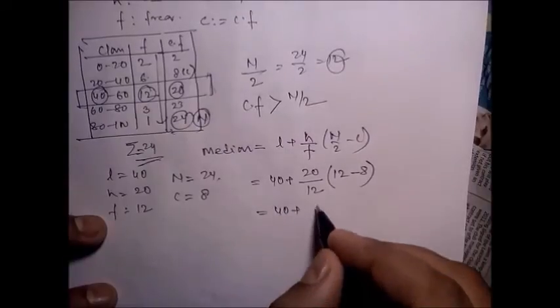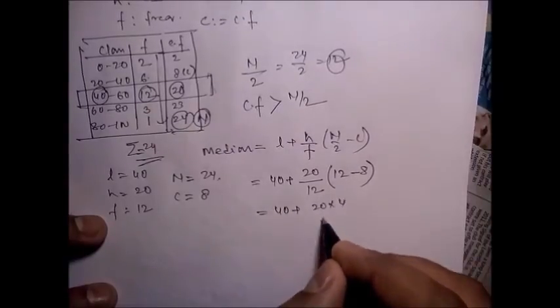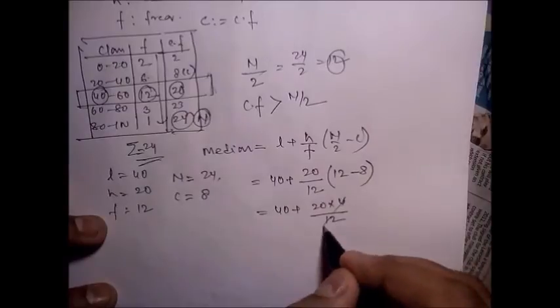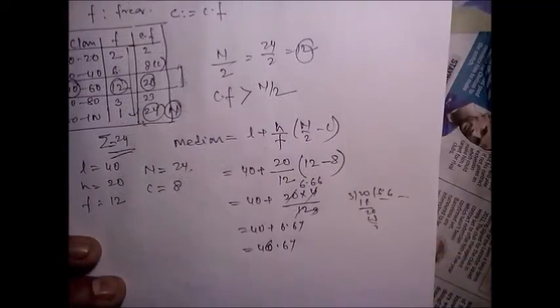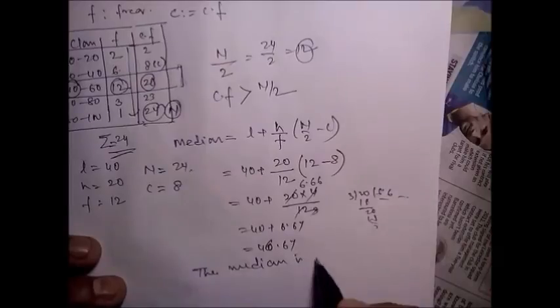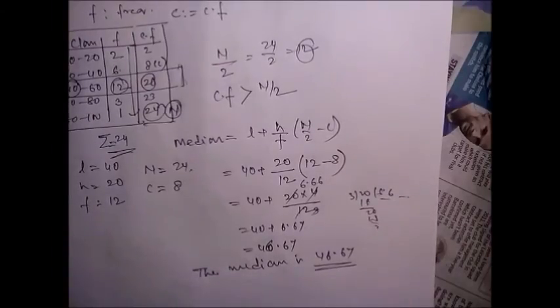So 40 plus 20 into 4 by 12. Just calculate, 6.67. So the median is 46.67. Clear?